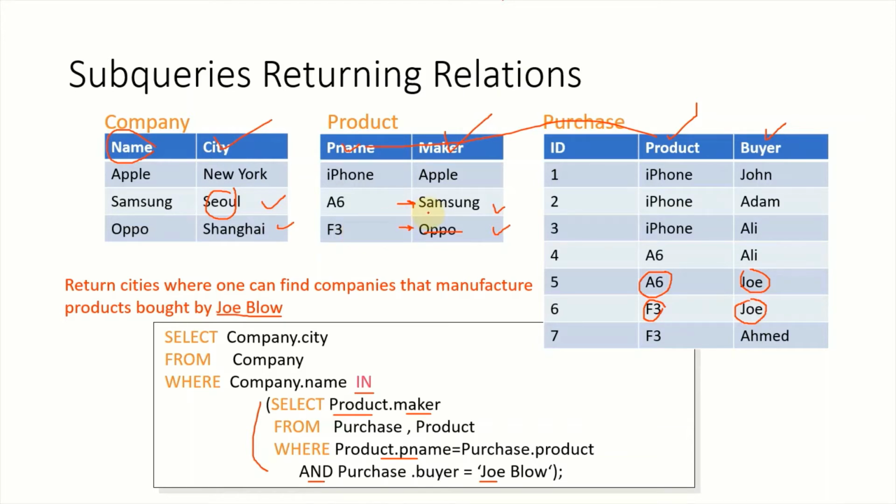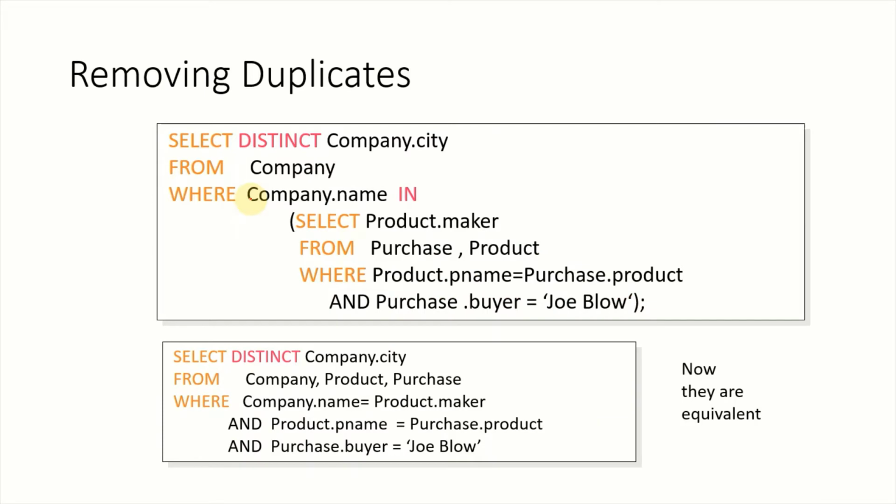So what will happen, we will get this value twice, because the first query will give us Samsung 2 times, and then this query will also give us this city name twice. So to eliminate these duplications we must use DISTINCT. With the help of DISTINCT we can eliminate such duplicated values. In both cases we must use DISTINCT.